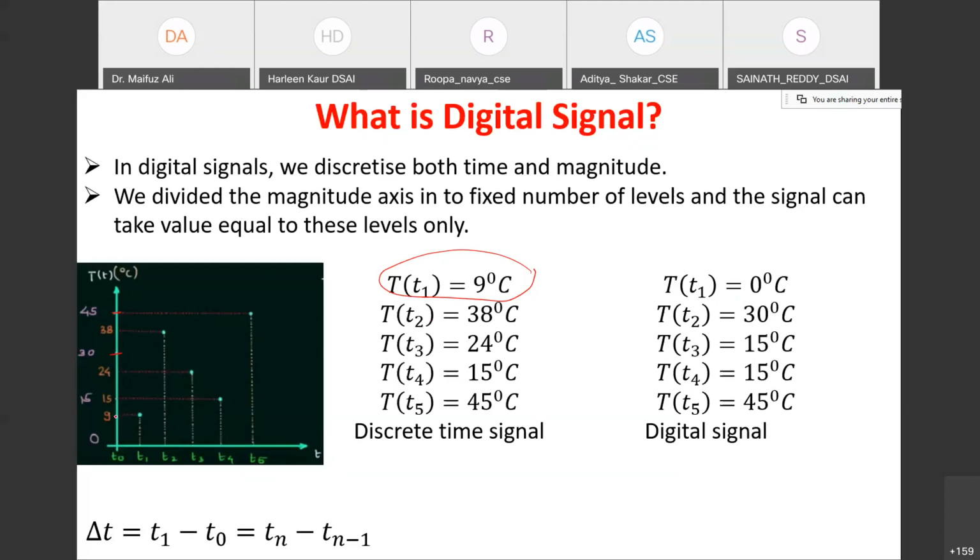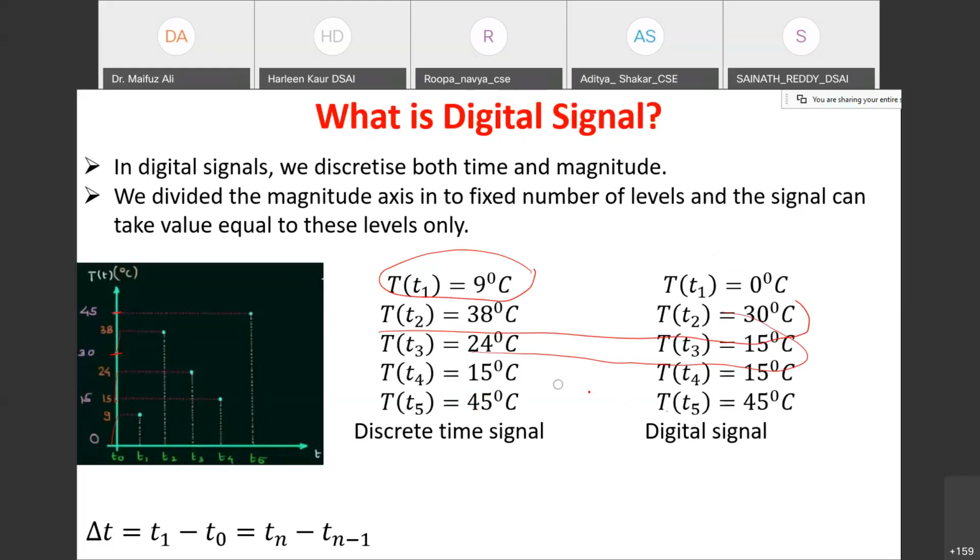If T2 is equal to 38 degree, then T2 will be 30 degree. If it is 24 degree, it will be 15 degree. 9 degree will be 0 degree, and 45 degree will be 45 degree.